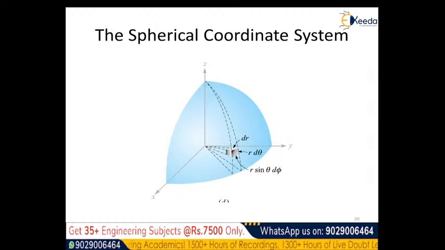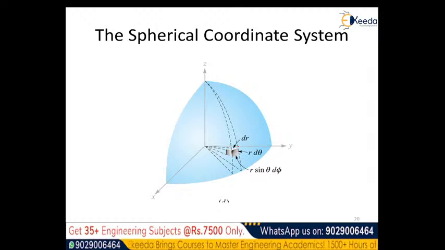But before that, we shall briefly discuss the differential length, surface and volume associated with the spherical coordinate system. If we take out such a part from the spherical shape here, first of all you can imagine a sphere inside a sphere, and then you can slice out this particular portion. So you will get different edges.